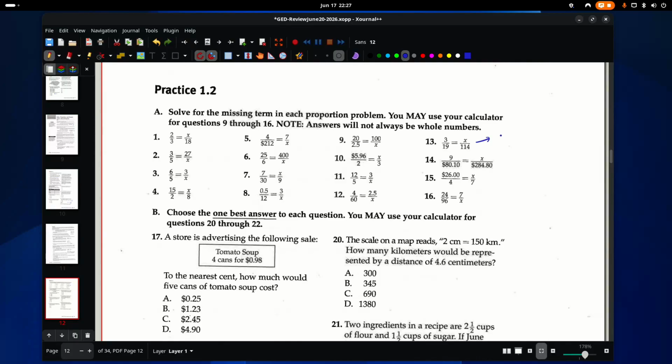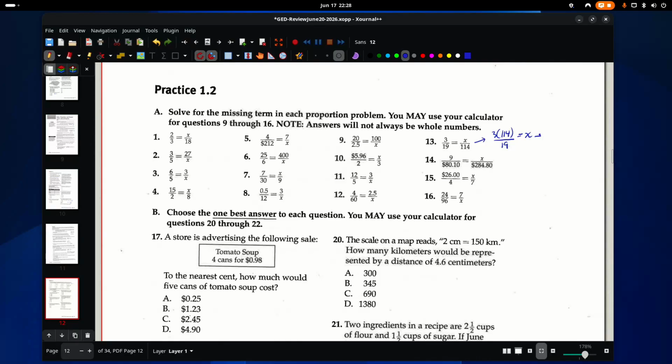So we've got x that we want to get by itself, so we want to multiply both sides by 114, and so we get x, we'll leave x on the right hand side, and now we've got 3 times 114, and we're dividing that by 19.